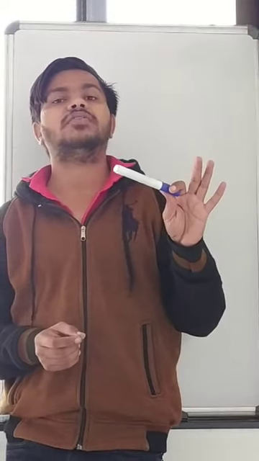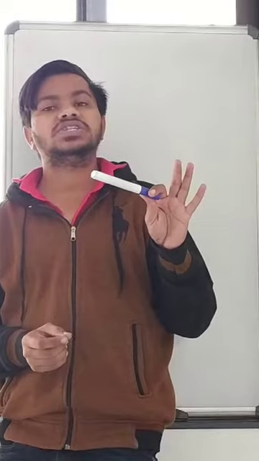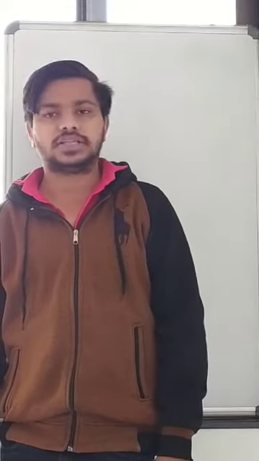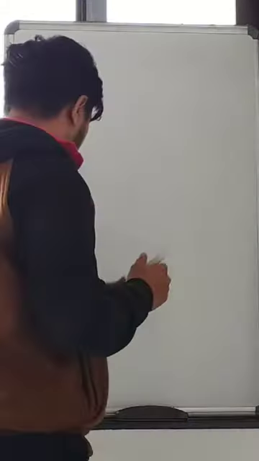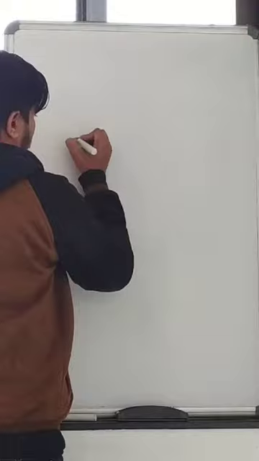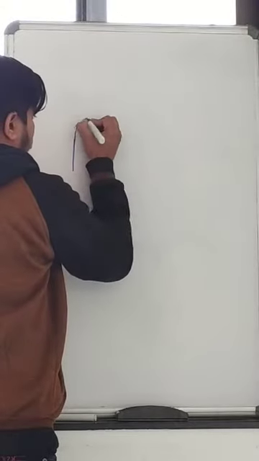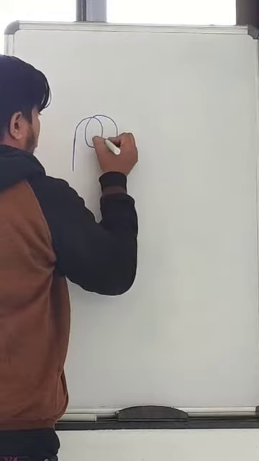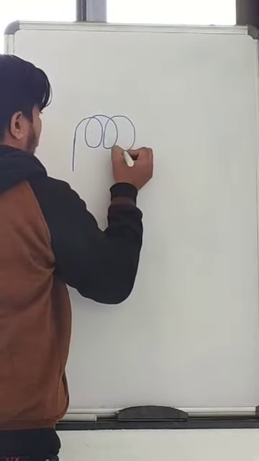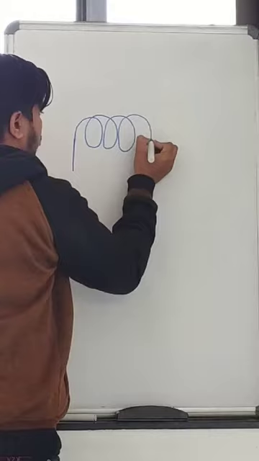That wire should be conducting so that current can easily pass through it, and as the current passes, the magnetism is produced, right? So it is a type of coil. Like if one conductor is wound like that, the turns should be spaced from each other. They should not be connected with each other, right?